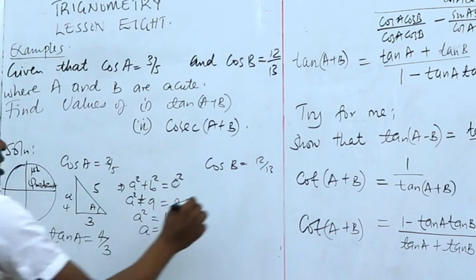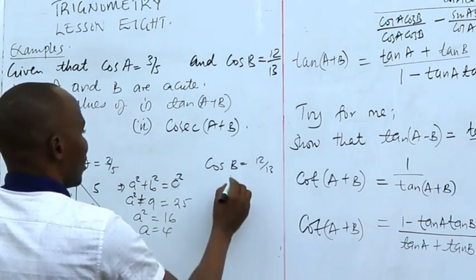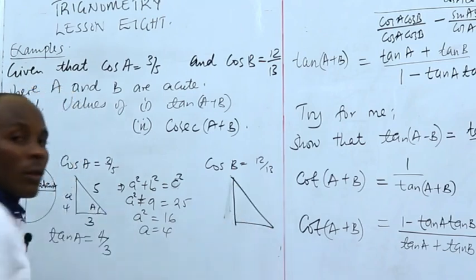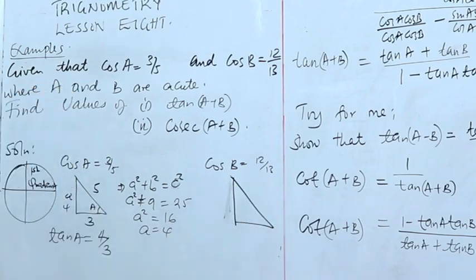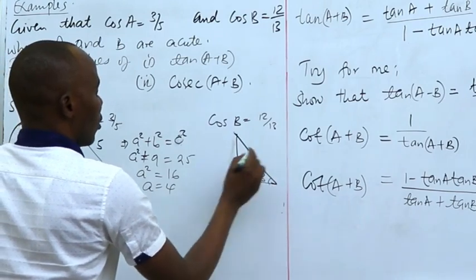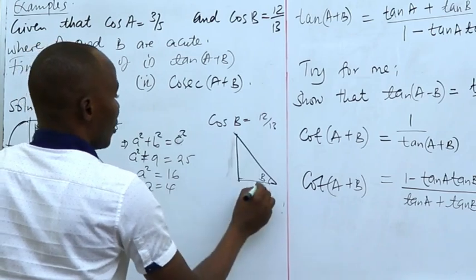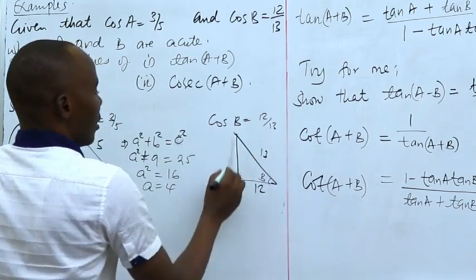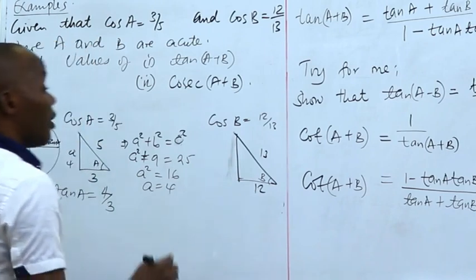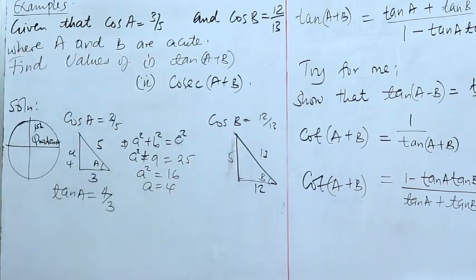So we can get the value of the opposite side: this is 12, this is 13, and if you use Pythagoras theorem, you'll have 5.